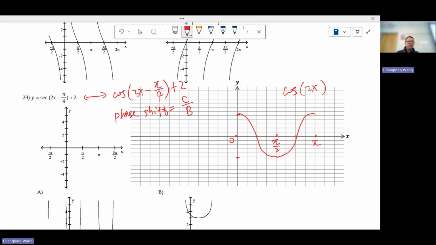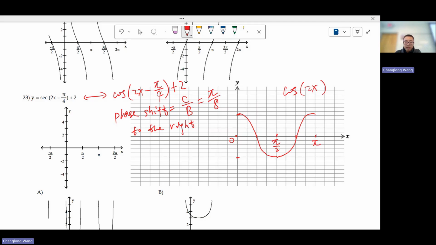If you factor out the 2, anyway, you'll see that it's pi over 8. You guys see that? To the right. So that means I'm going to be shifting the graph to the right by pi over 8.